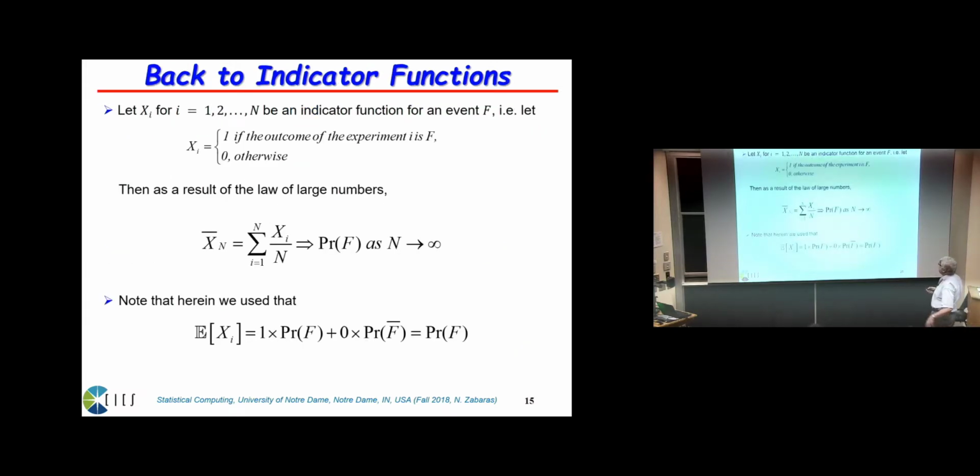Now that we did the central limit theorem, let me return to our little experiment. We define an indicator function. This is a very general function. Before, we had the indicator function for hitting the circle A. If you compute the expectation of each of these indicator functions, notice that either I hit the circle and the indicator function is 1, or I do not hit the circle and it is 0.